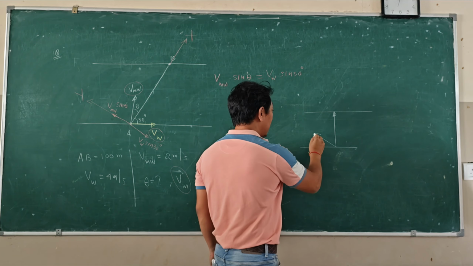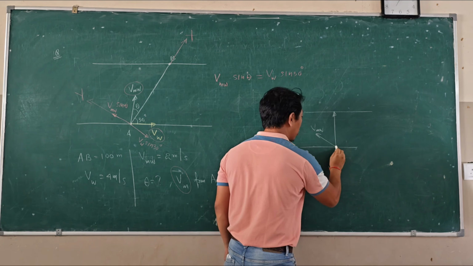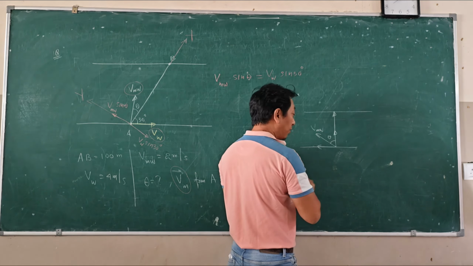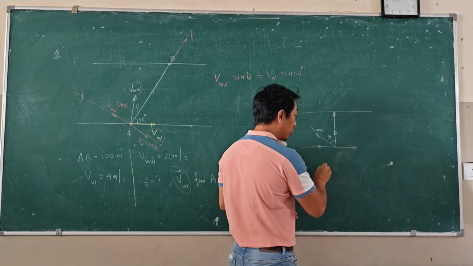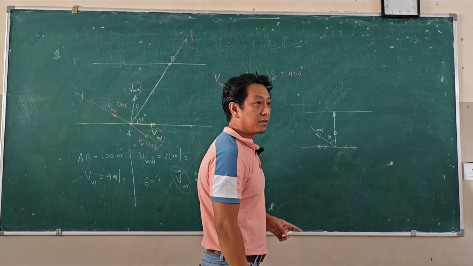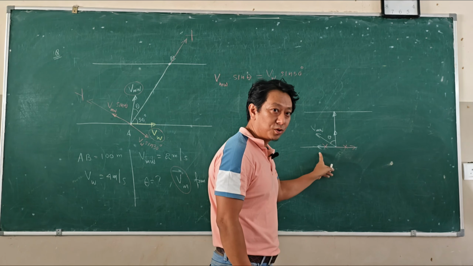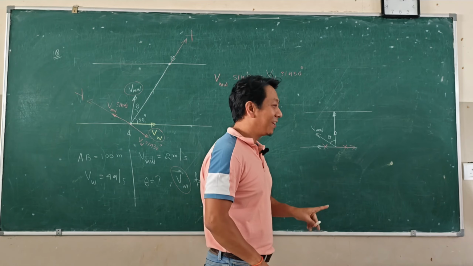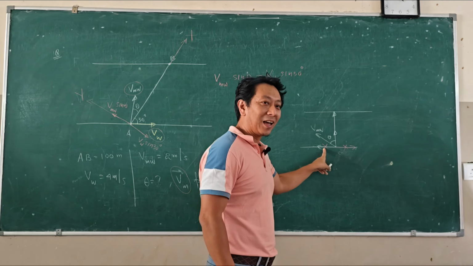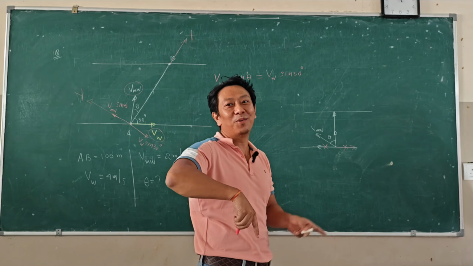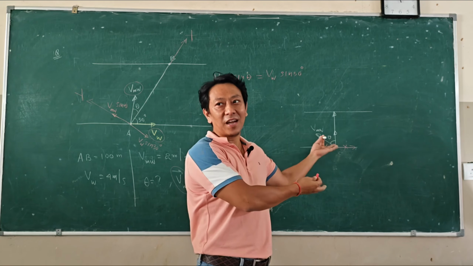Why? Because this Vmw will have one component here, and Vw has one here. So these two should cancel. And to cancel, Vmw sin theta should be Vw. So what will be sin theta? Vw by Vmw. That is how we could have derived that result also.